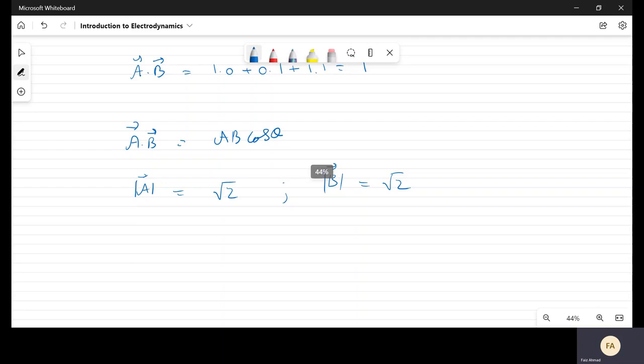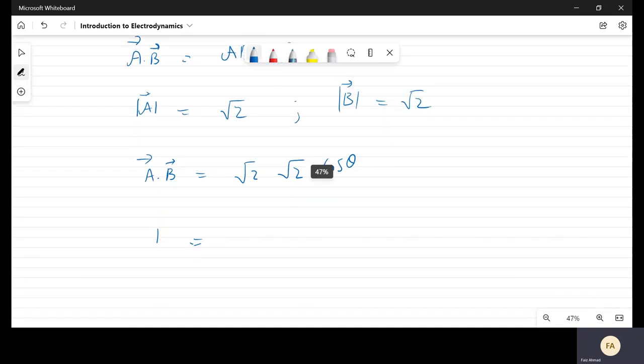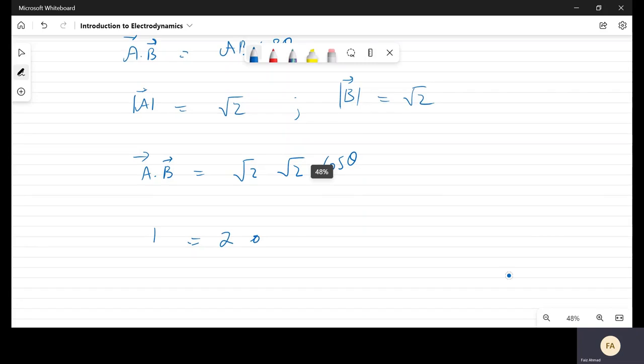So root 2 times root 2 cosine of theta is equal to 1.